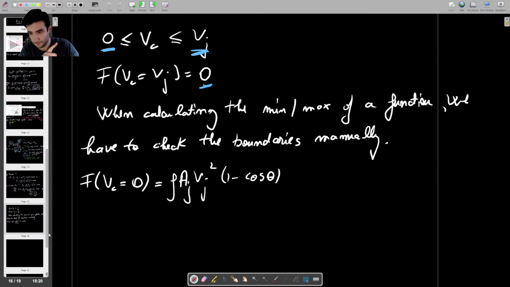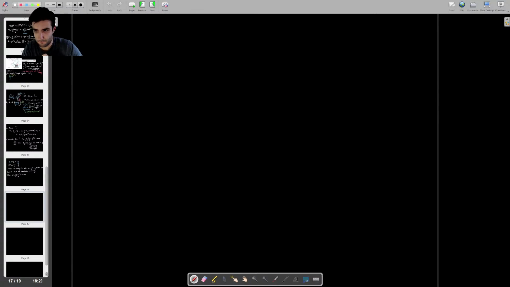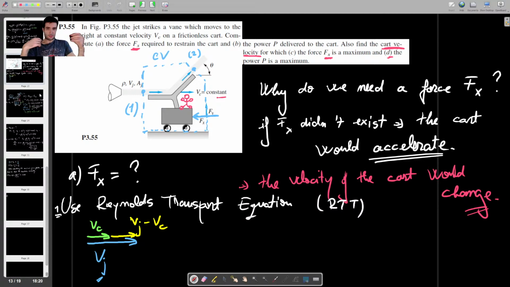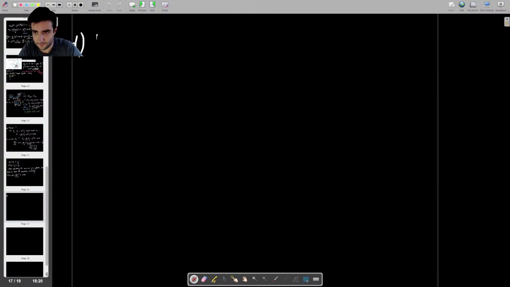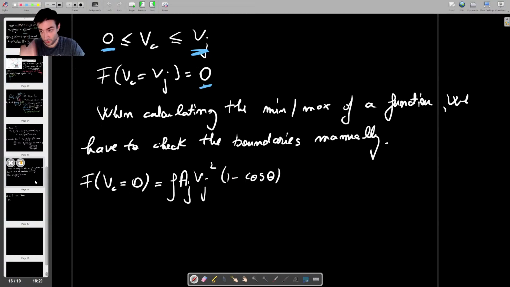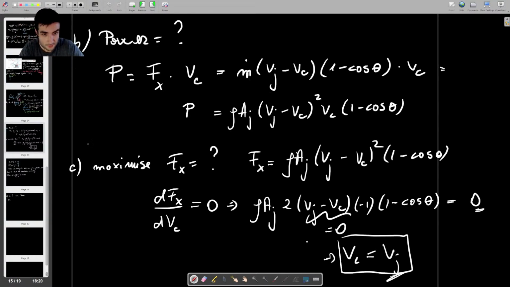And finally, the last part of the question, so D, is asking us what's Vc for maximum power. So we have the power, which is equal to whatever we had in part B, which is this.